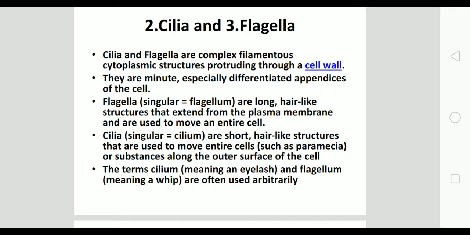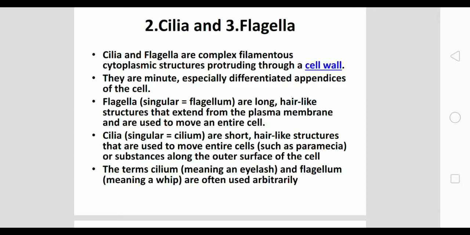They are minute, spatially differentiated appendices of the cell. Flagella means a long hair-like structure which extends from the plasma membrane and is used to move the entire cell. Single is flagellum.